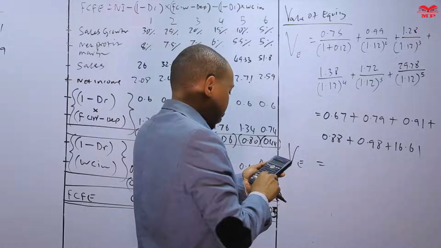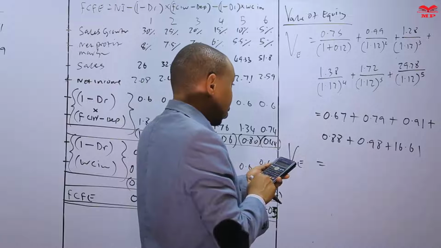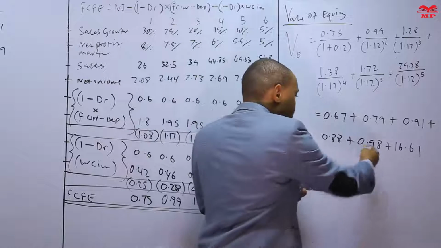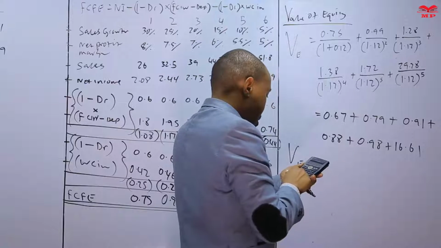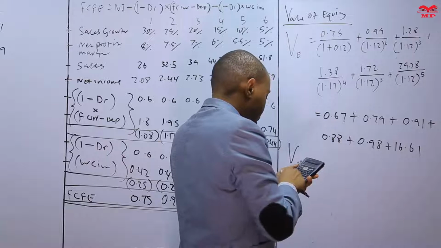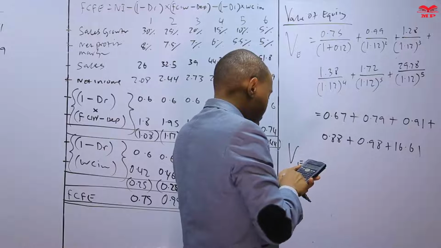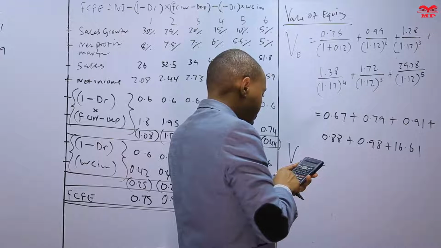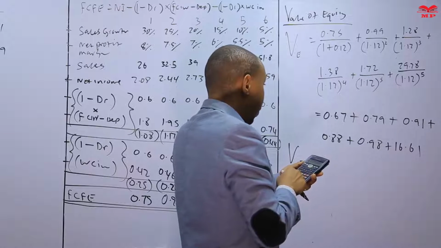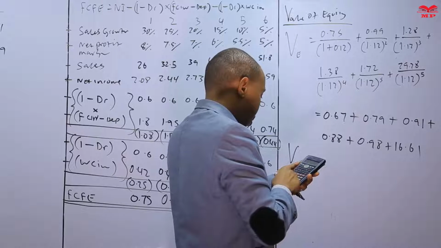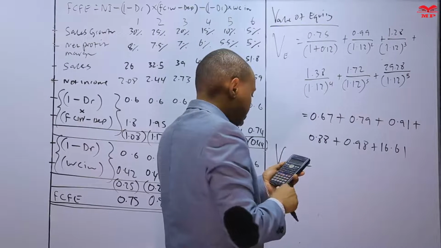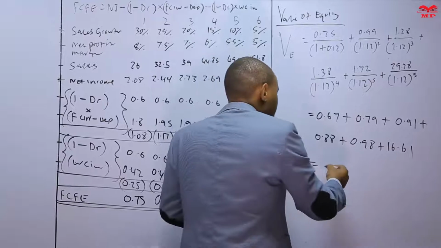So how much do we get as the value of equity? We get 16.61, now we add 0.98, plus 0.88, plus 0.91, plus 0.79, plus 0.67, 20.84.